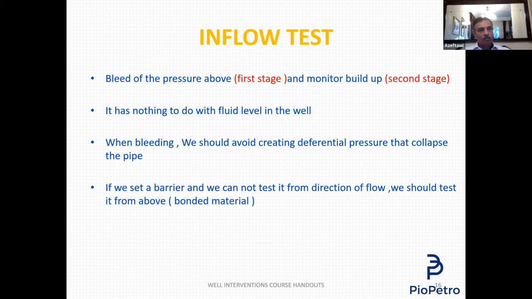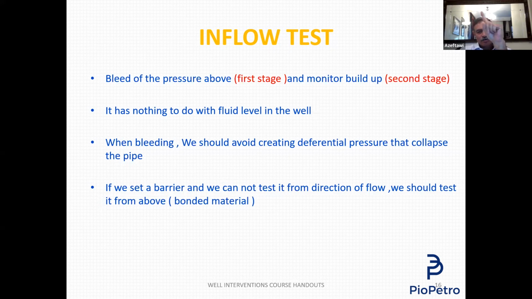Let us test it from the direction of flow now. How do we test it? The only way is to use the well pressure to test it. When we put a plug, we put it against the well pressure. Once you put the plug, bleed off the pressure above it and close at the surface. And have a chair now. Sit on the chair, look at the gauge at the surface.